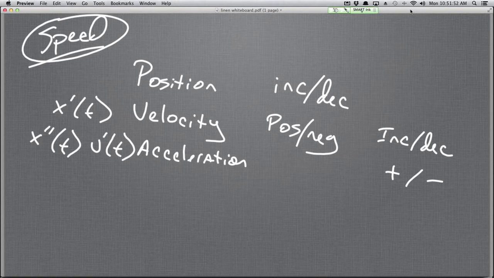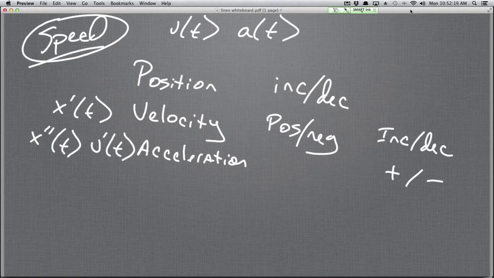So this time acceleration is negative, velocity is positive, okay? So the two are different. What's my speed doing if I'm pressing on the brake? It's decreasing, okay?